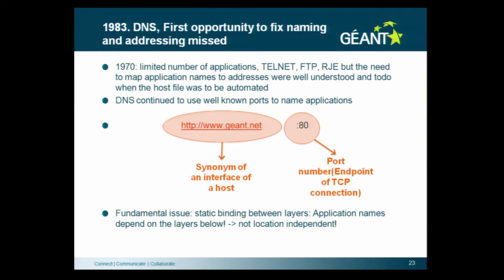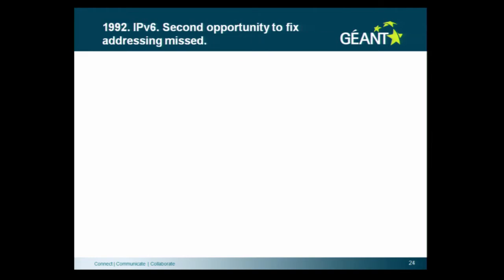The application names, what should be in the application layer, is actually bound to the network layer and indirectly to your data link layer, because your network address is also a synonym for your data link address. I mean, the IP address goes to your interface, not to your host. So in 1992, they had another opportunity to fix addressing with IPv6.